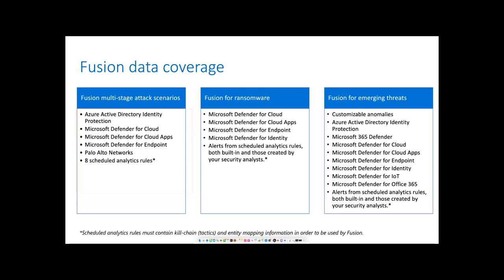The next pillar is Fusion for ransomware. Here we are taking a lot of the different products from Microsoft Defender, and we are also taking alerts from scheduled analytic rules. This includes both built-in rules and the custom analytic rules built by your security analysts. We take all of that into account to provide you detections for ransomware.